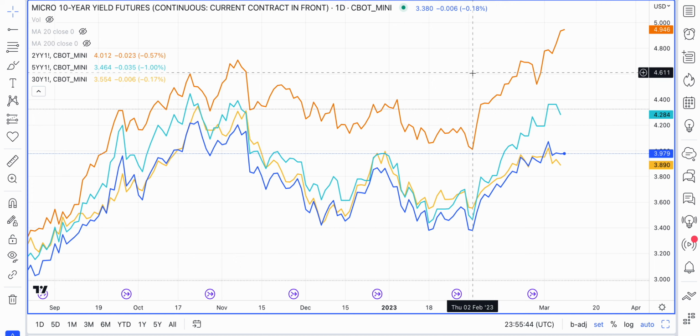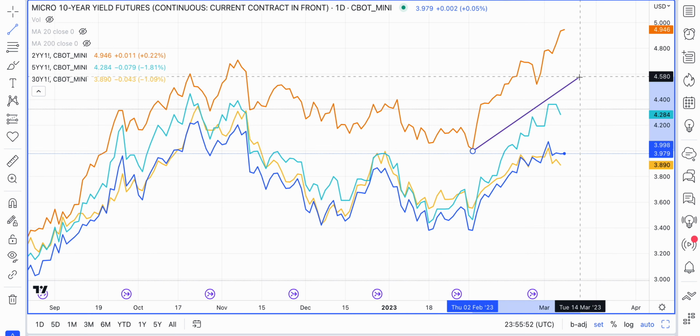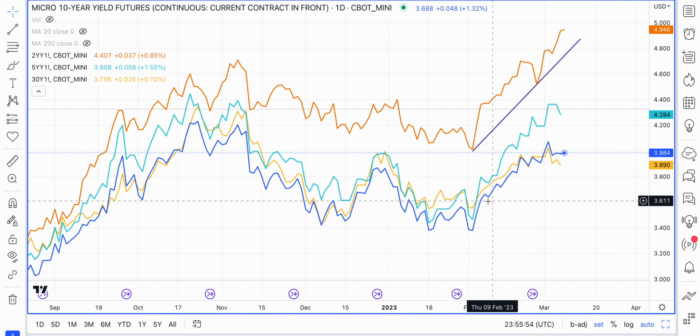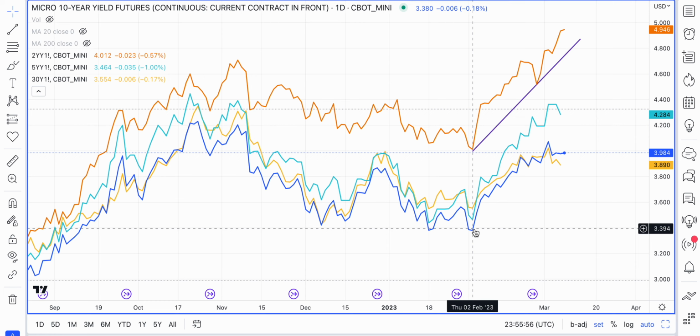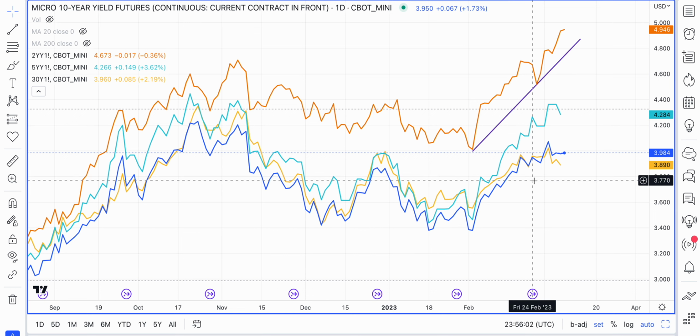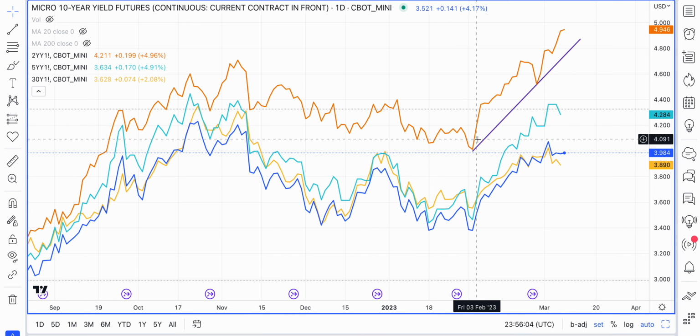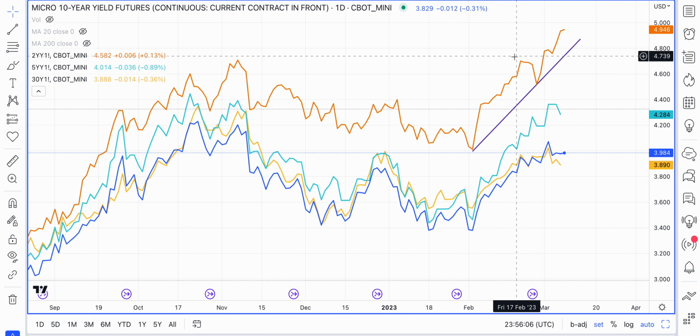Also, if we look at since the beginning of February 2023, there has been a steep rise on the shorter end. We can also see for the slightly longer duration notes and bonds there has been a rise. But the interesting thing is that we have the shorter end yielding higher.